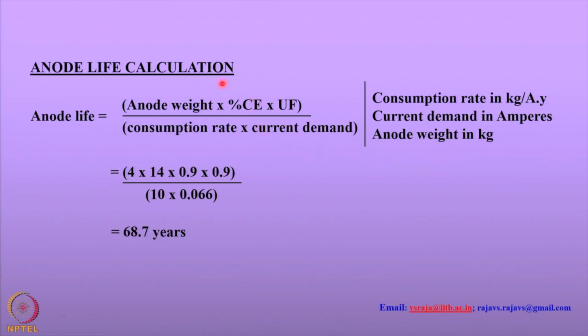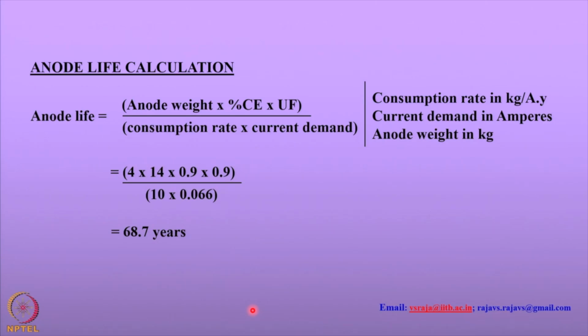All these values are known, we substitute them in the equation and you will get a value of 68.7 years of service life. So, if you are going to use 4 anodes, the structure in principle can be protected for 68.7 years.